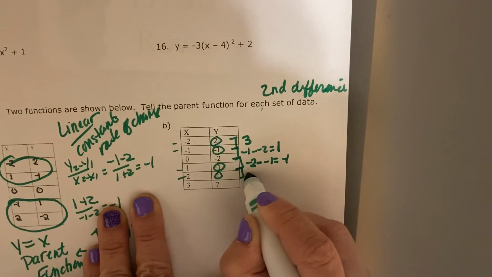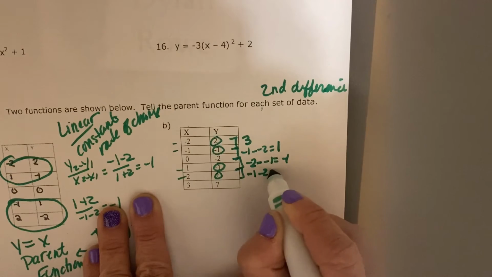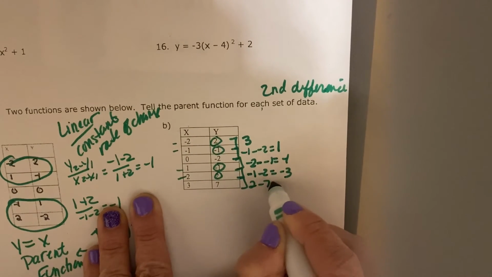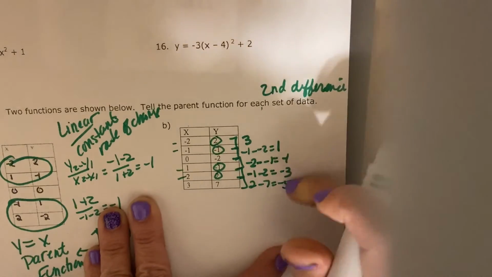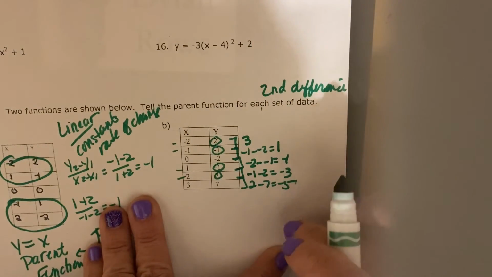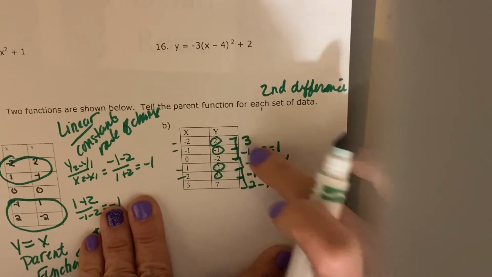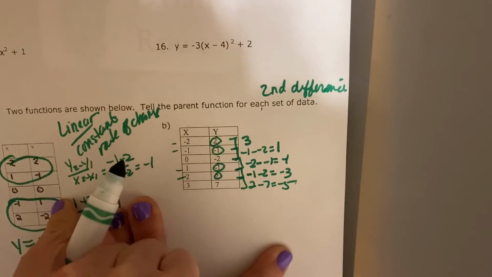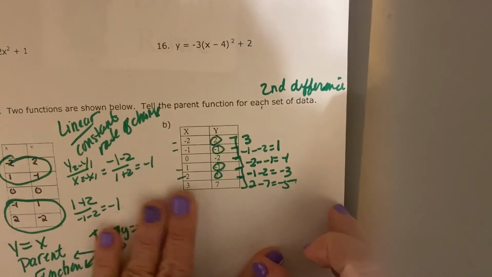Then we'll take -1 minus 2, and that's going to give us -3. And then we'll have 2 minus 7, which equals -5. So just looking at that first difference, we can already tell that this is not going to be linear, because these first differences are all different, whereas on a linear, the differences would be the same.